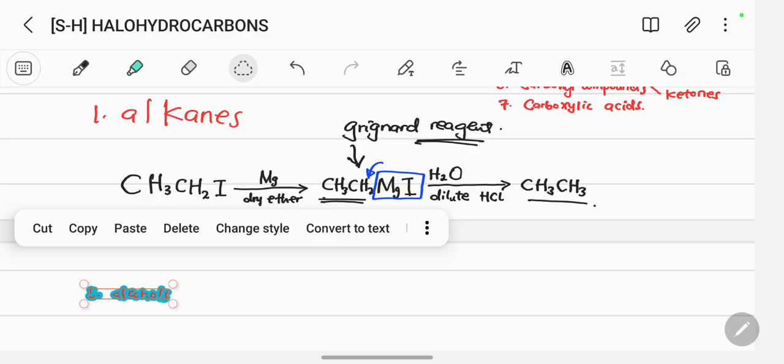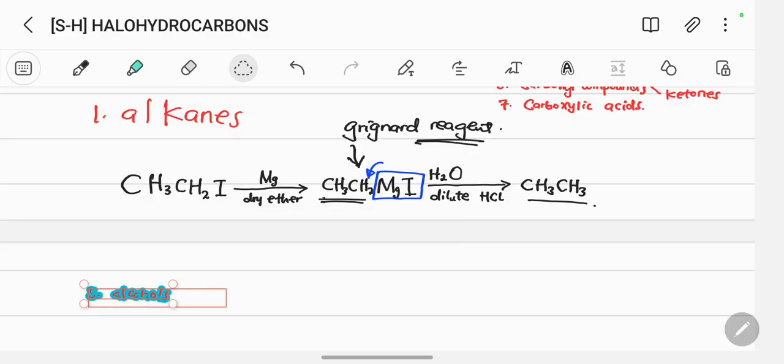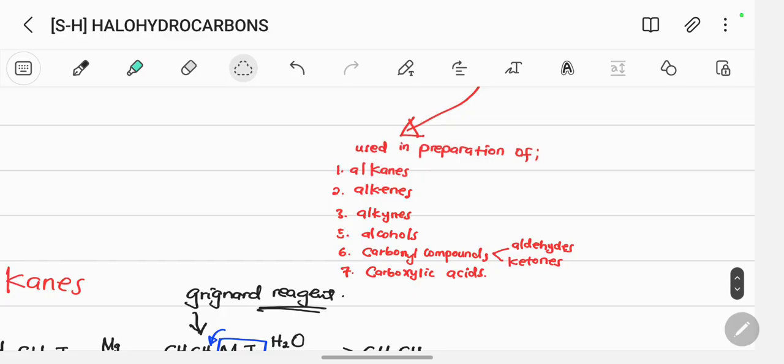You will find out that if you want to prepare alkenes and alkynes, you may first go through alcohols.